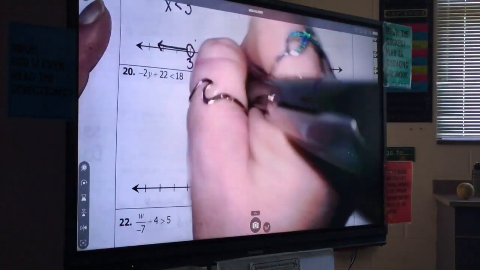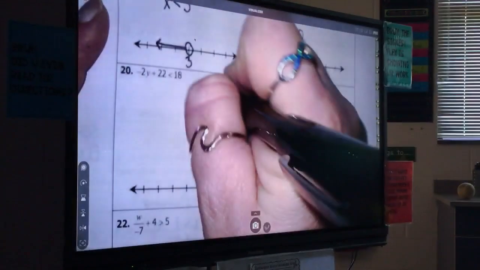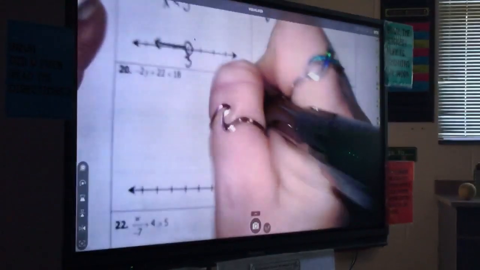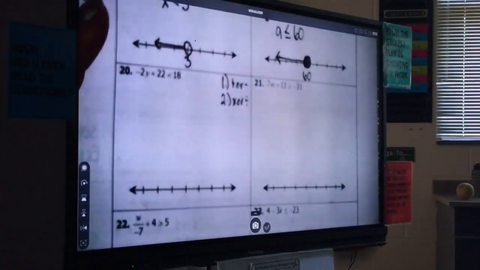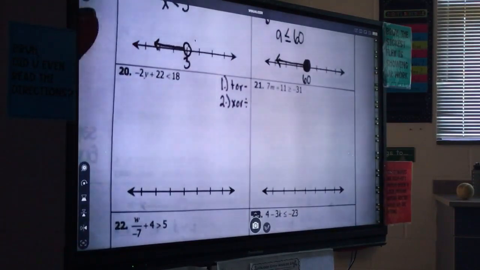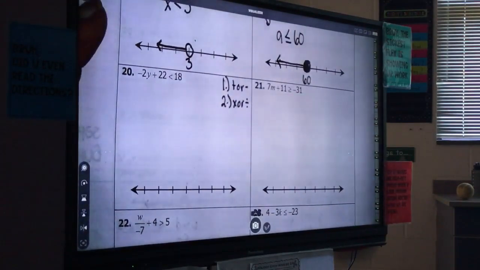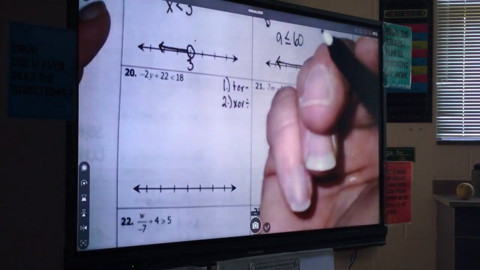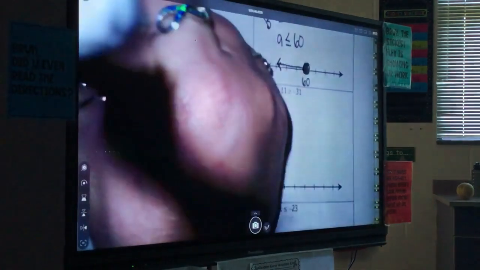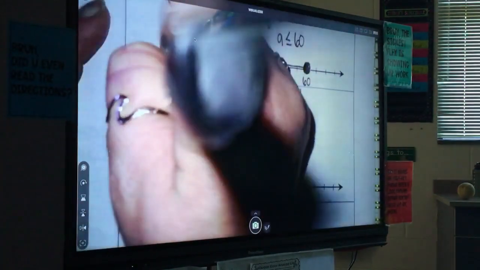So I'm looking for adding or subtracting, and then I'm looking for multiplication or division. So the first thing I'm going to do, I have plus 22. How do I get rid of it? So I'm going to subtract 22 from both sides.